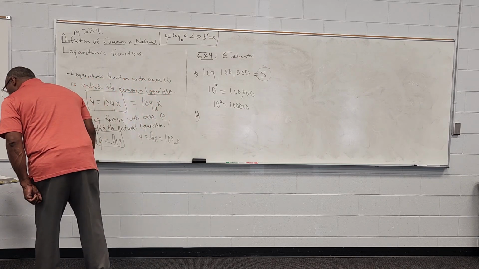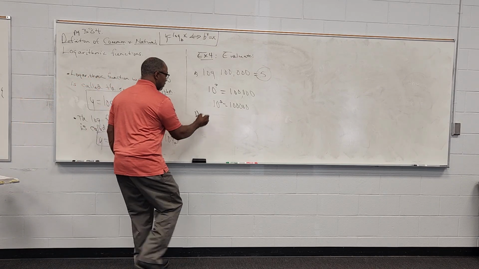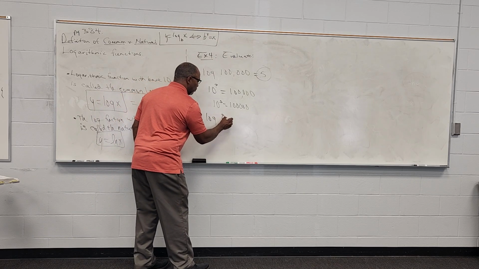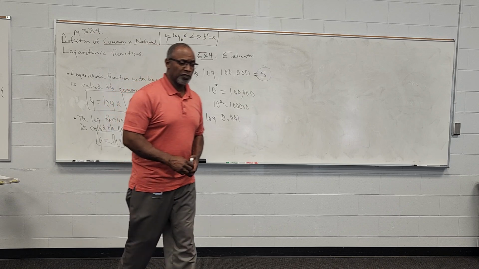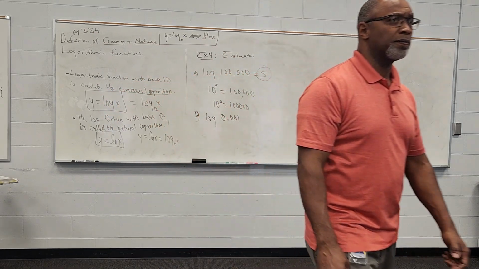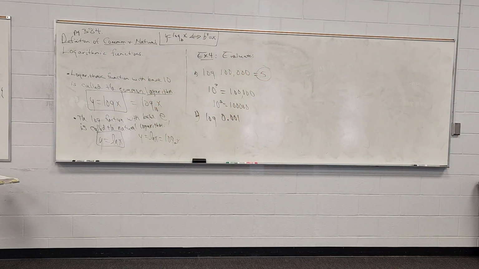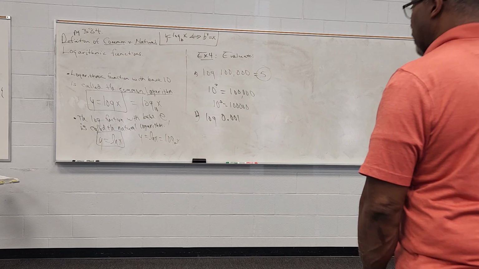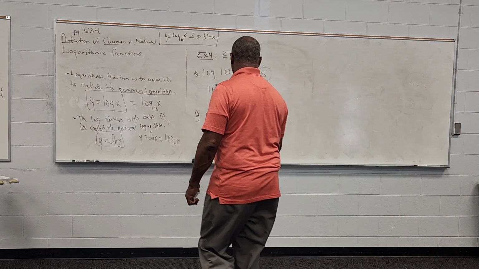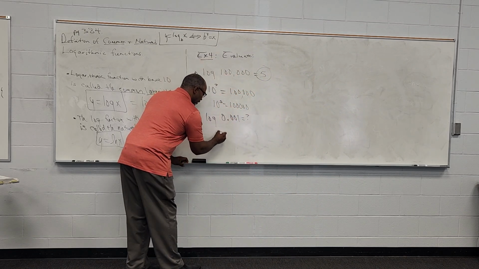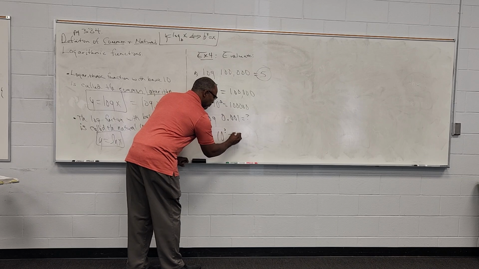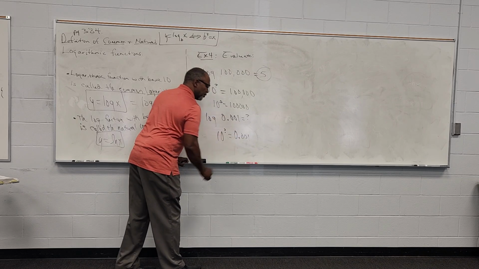B says log of 0.001. Well, again, they did not specify the base. So again, that's a common log, log base 10. So again, you're asking yourself, 10 to what power is 0.001?